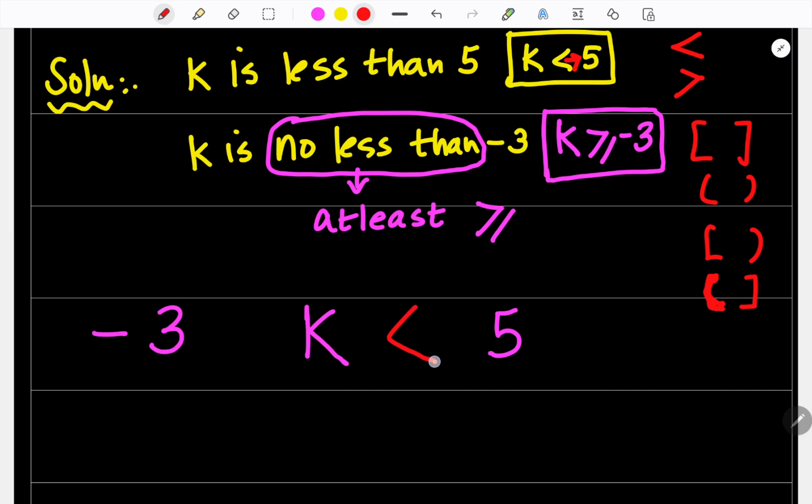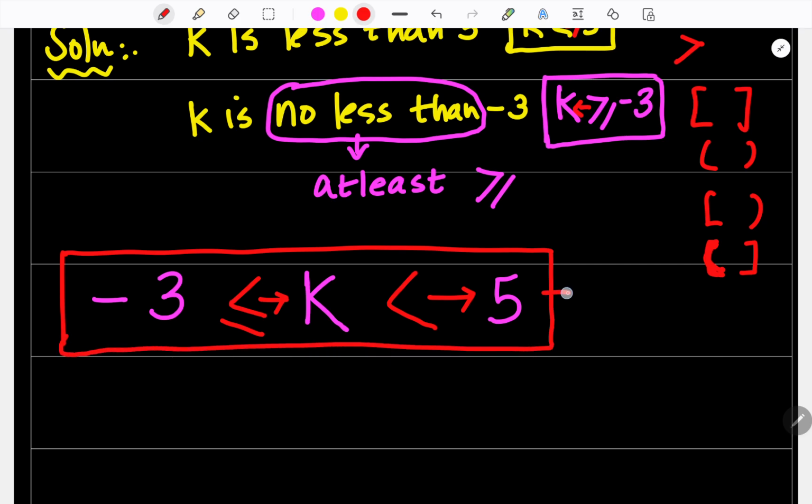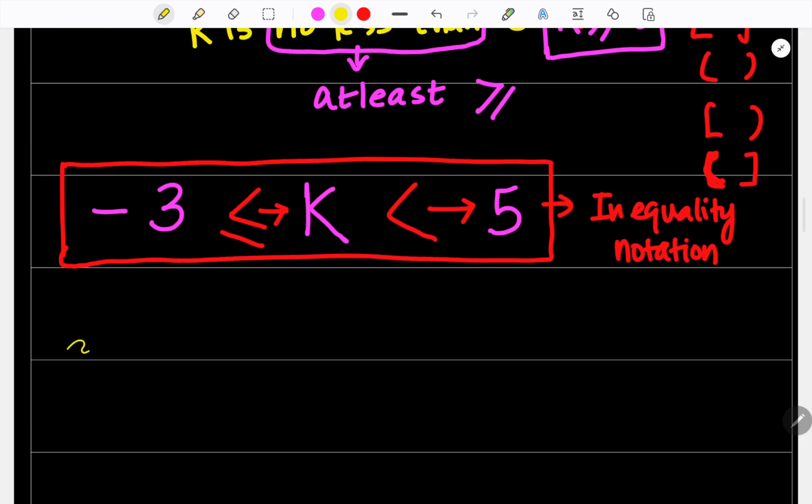The mouth is open towards K. So here is K. Very, very easy, right? So what is this called? Sorry, this is called inequality notation. Right. Let's go for interval notation.